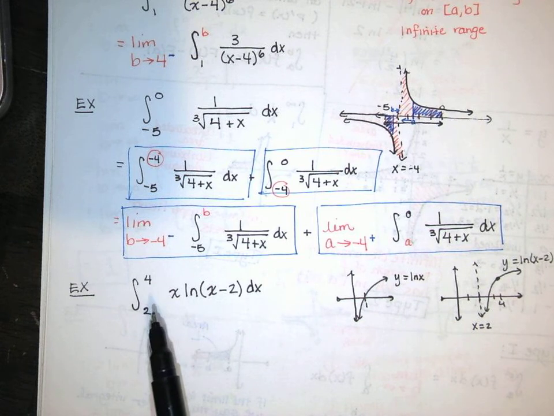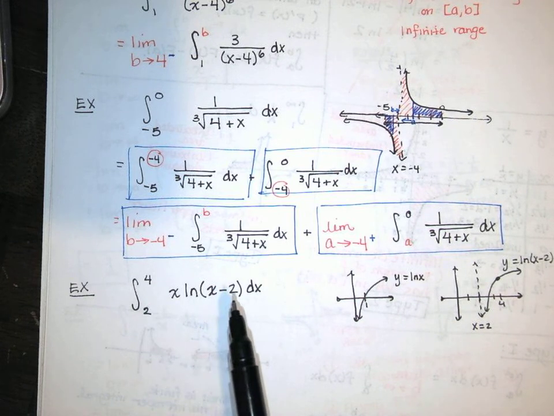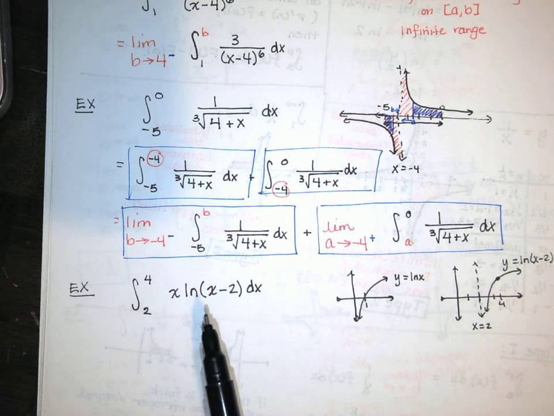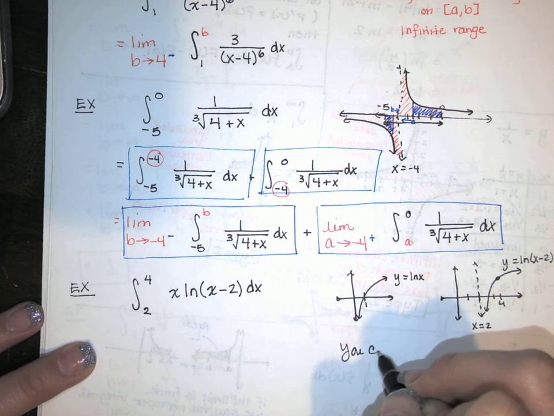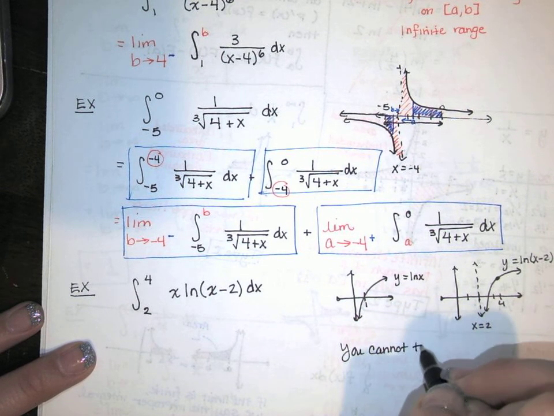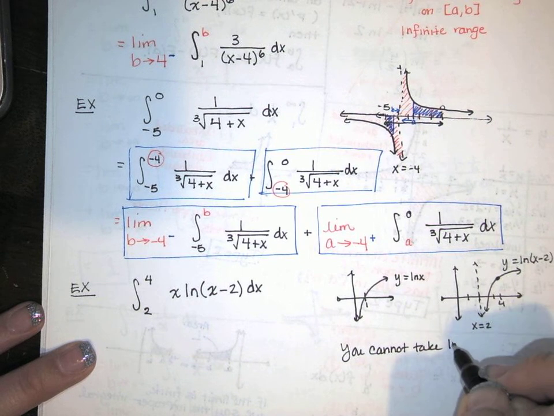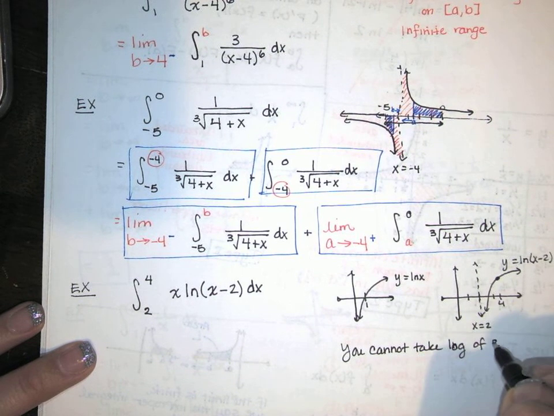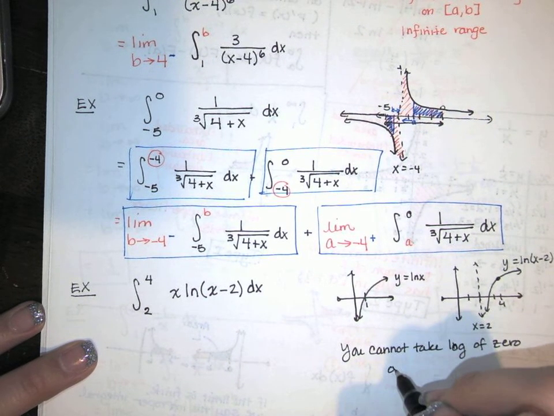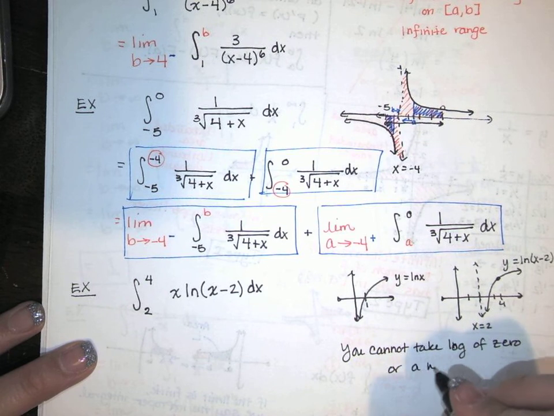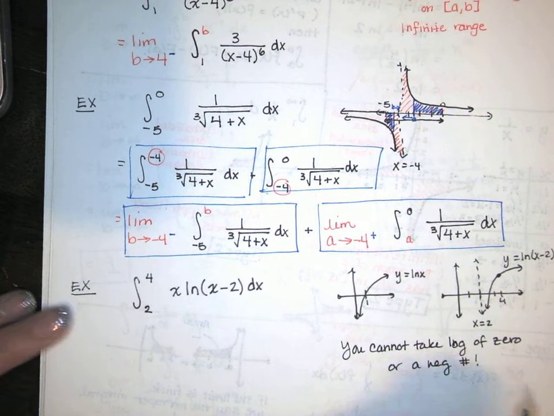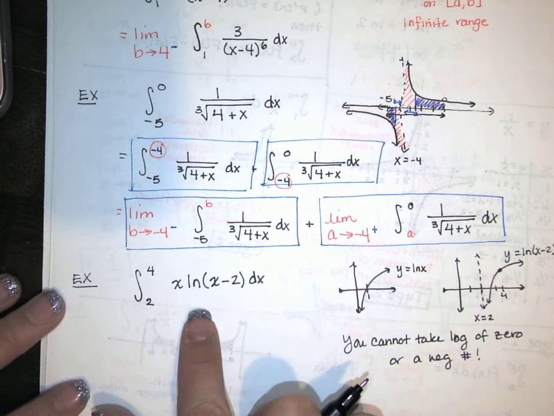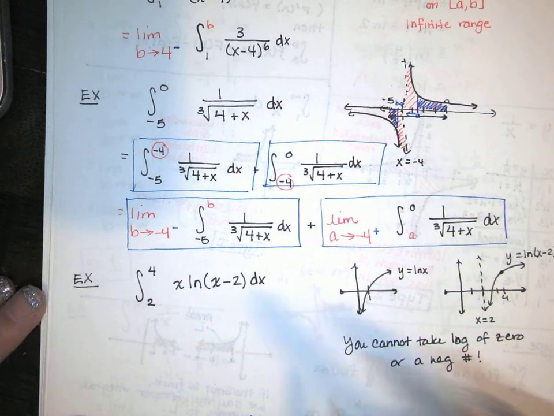But we're going to have a problem if we try to take the natural log of 0. You cannot take the natural log of 0, or a negative number, not in the real number system. So this is improper. The problem occurs at x equals 2.